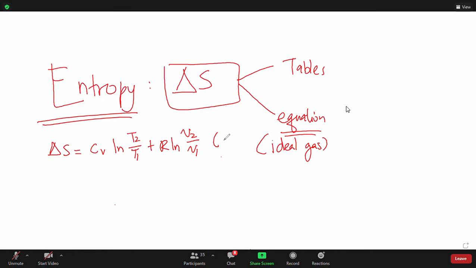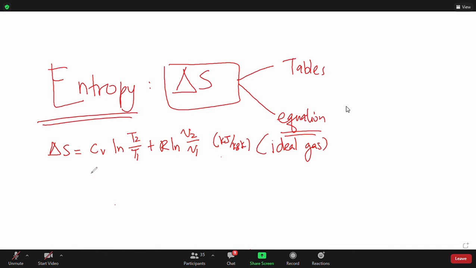So this unit will be in kilojoules per kilogram Kelvin, unless you multiply it by mass flow rate, then you will get kilowatts per Kelvin. Okay?